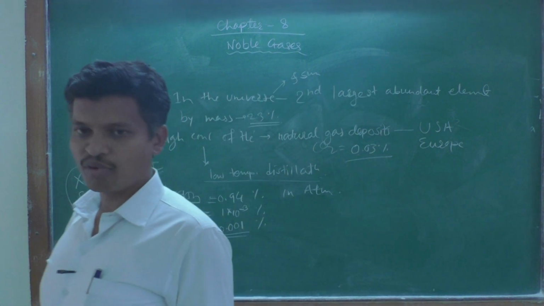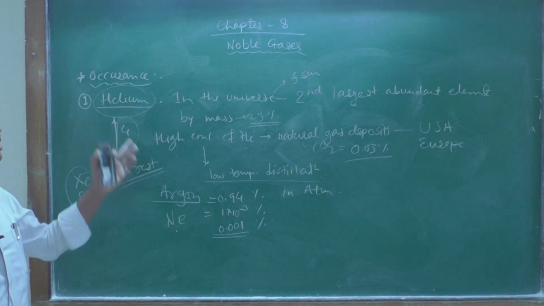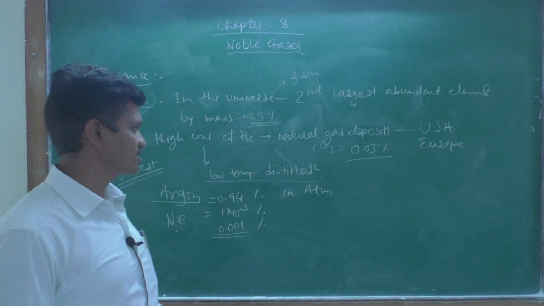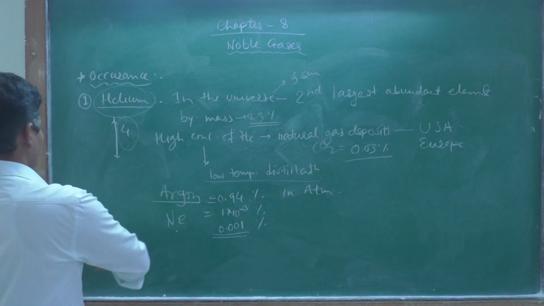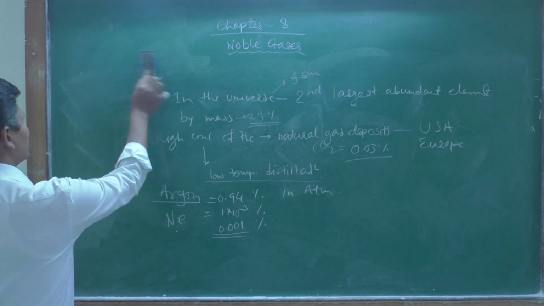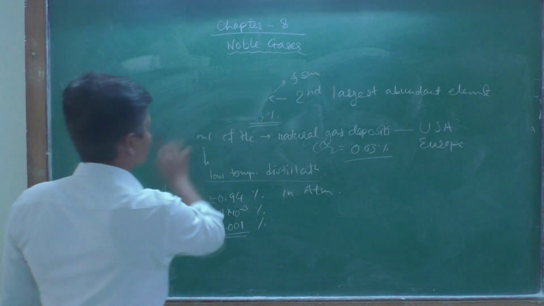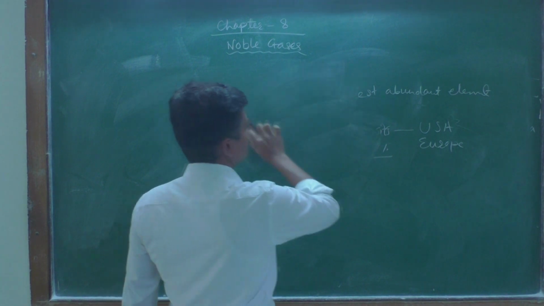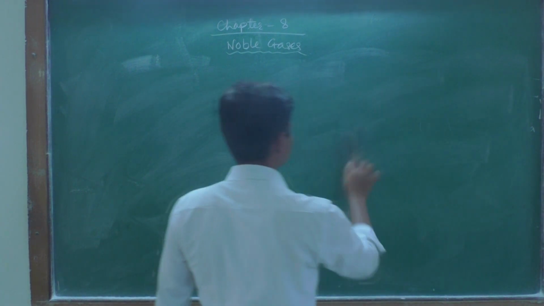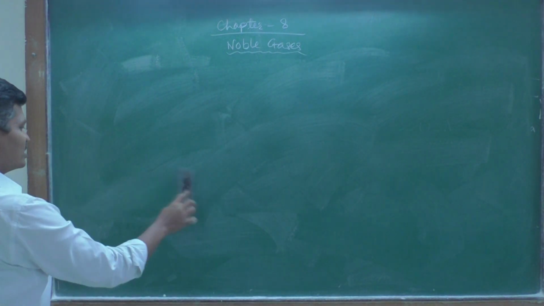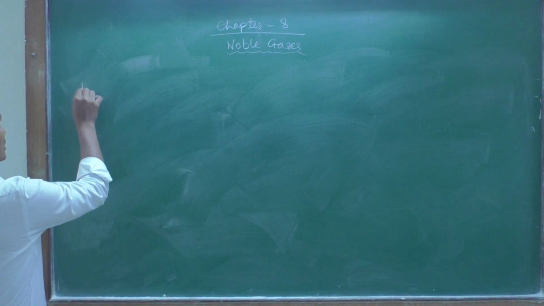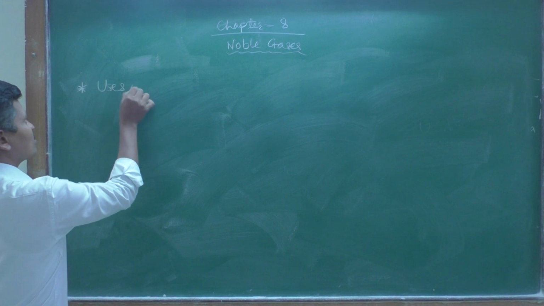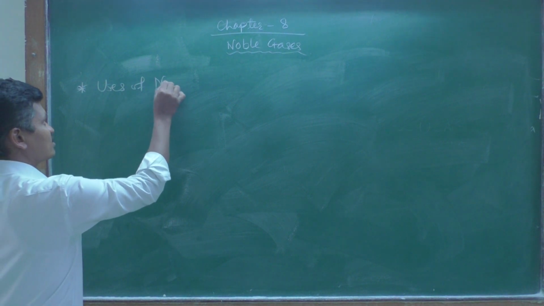So this is all about the occurrence of noble gases in the atmosphere and the earth's crust. Now the next point is uses of these noble gases. Actually, uses is the last point from our syllabus, but we will see it in continuation of this occurrence. Uses of noble gases.